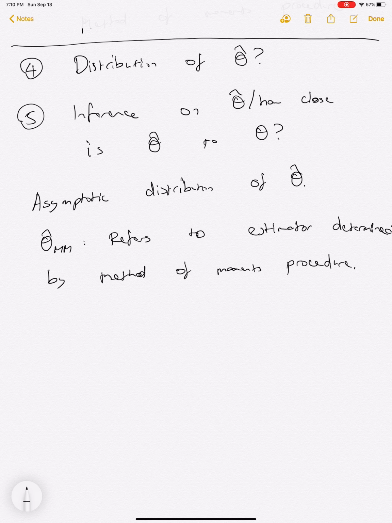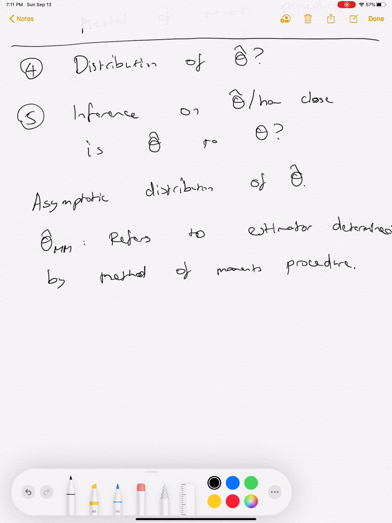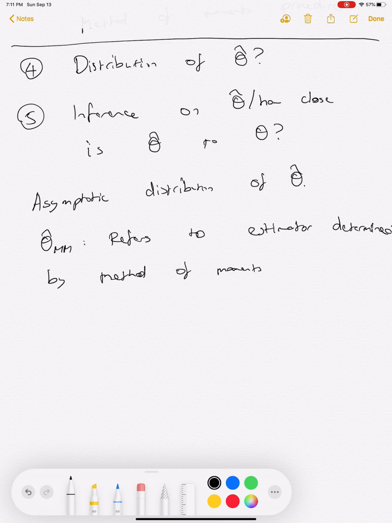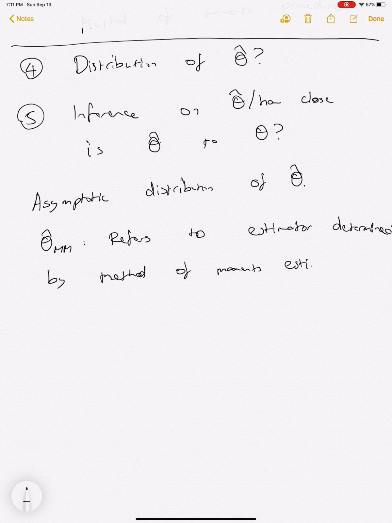So this notation theta hat mm refers to the method of moments estimator for theta.